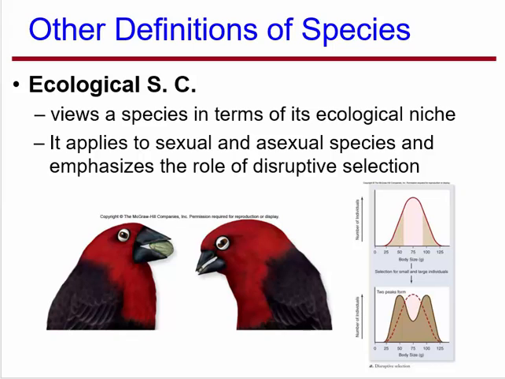This does emphasize a role of disruptive selection. This is something we've already talked about, and we'll see it again in speciation, where you have a population with two distinct groups that are utilizing different resources, like these birds with the seed size here. Big seeds can be eaten by birds with big beaks. Little seeds can be eaten by birds with little beaks.